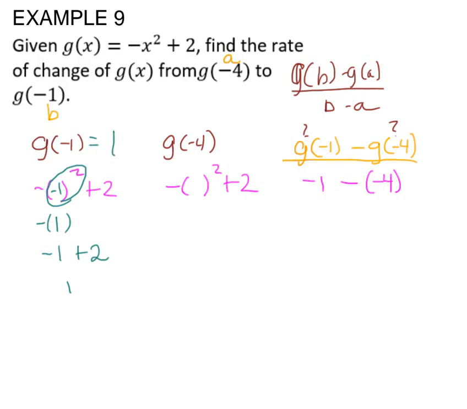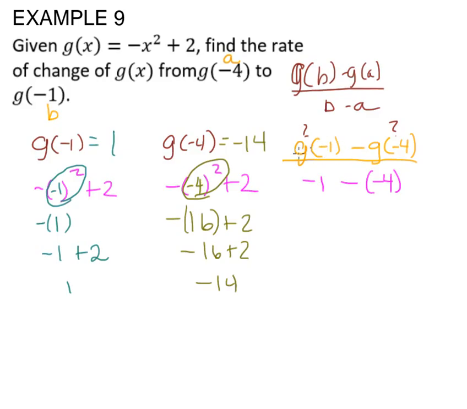Now let's find the other one, -4. We're going to plug in -4 into g. We're going to get -4 squared is 16, minus, and then plus, -16 plus 2 is -14. All right, so now we know that g of -4 is -14.